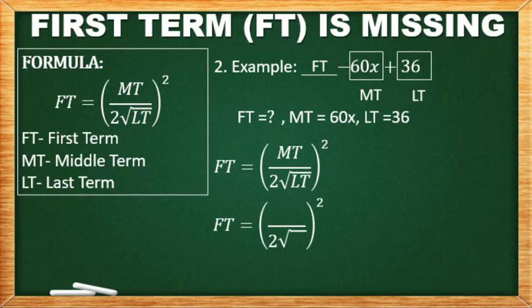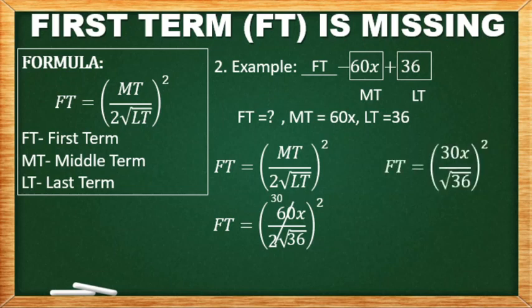So our given. So what is our MT? 60x. And what is our LT or the last term? 36. Now, 60 divided by 2. Yes, 30. So, susulat na lang natin ulit.